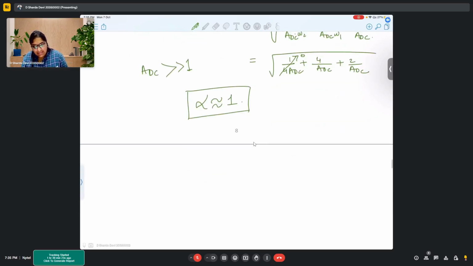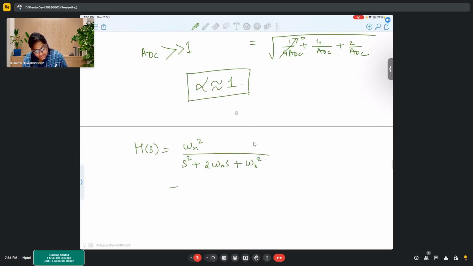And when that is the case, your transfer function becomes omega n square by s square plus 2 omega n s plus omega n square. So this is omega n square by s plus omega n whole square.